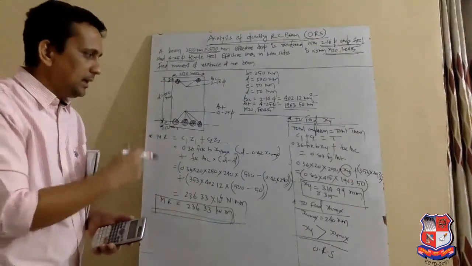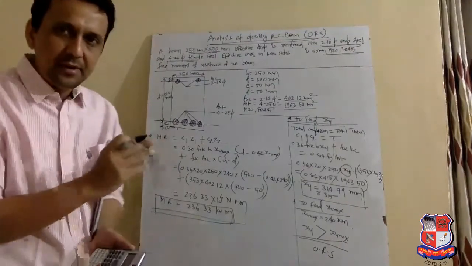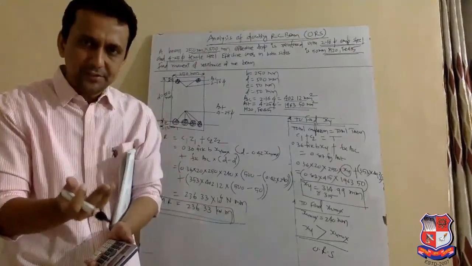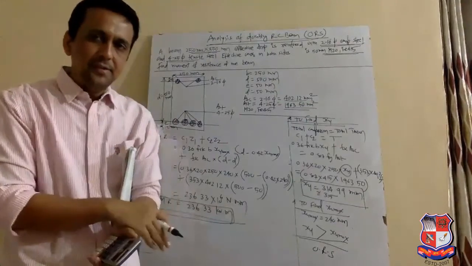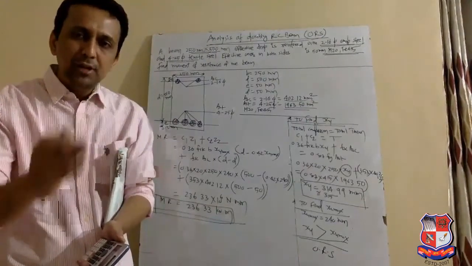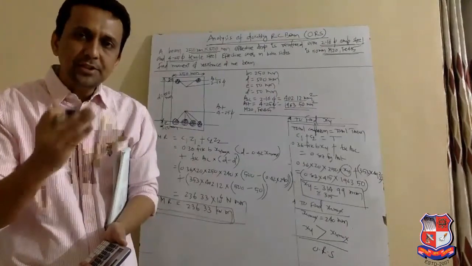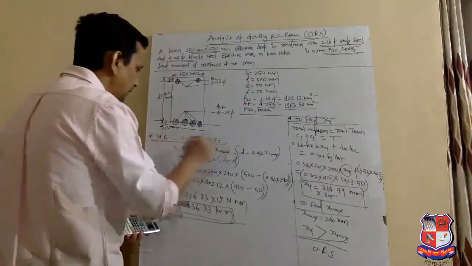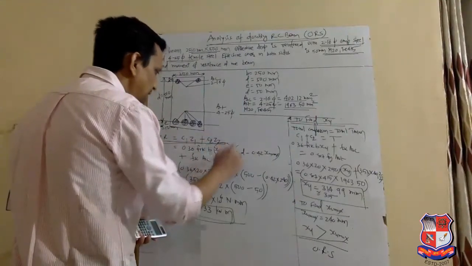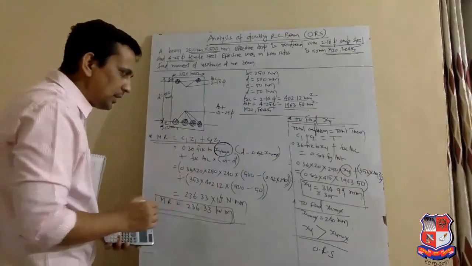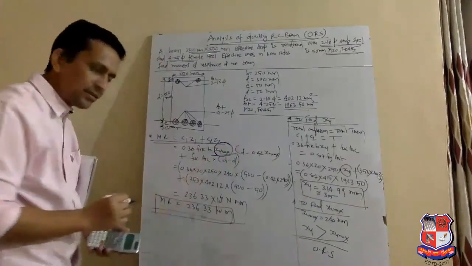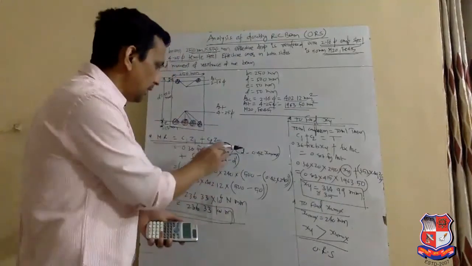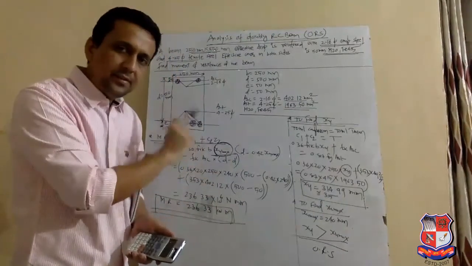Again, I repeat, the main difference between URS and ORS section in WRC beam while calculating the moment of resistance of the beam is in the equation of MR. When the section is ORS, you have to take XU max, and when the section is URS, you have to take the value of XU. This is the main difference.